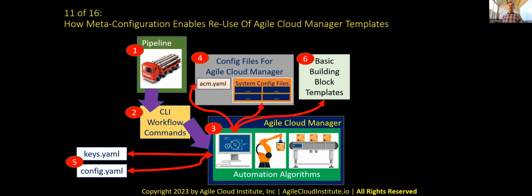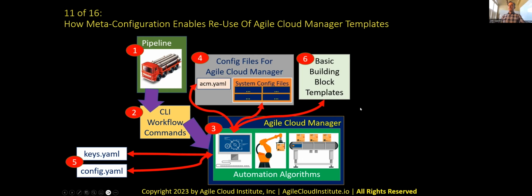You already have templates, for example, in CloudFormation or in Terraform or in Packer or in Azure Resource Manager's ARM templates. And your existing templates in those tools or in others need to receive their own variables as input, and those variables are assembled and sent in using the Agile Cloud Manager's automation algorithms, sourced by values that are stored in keys.yaml and config.yaml as they're defined in the system configuration files.